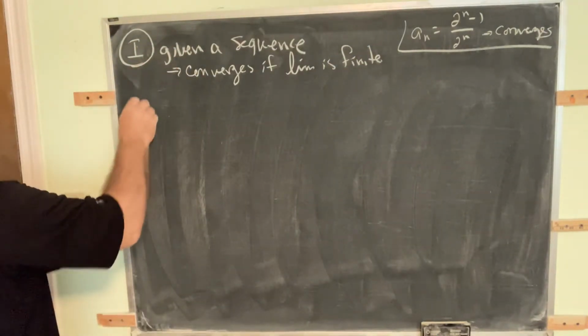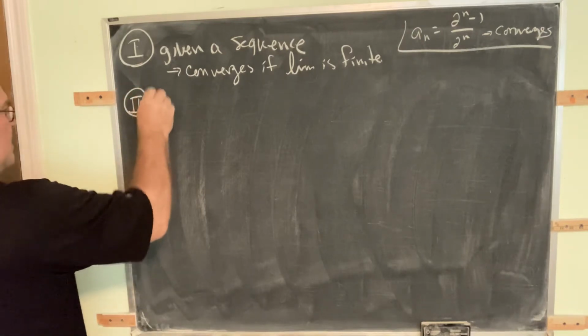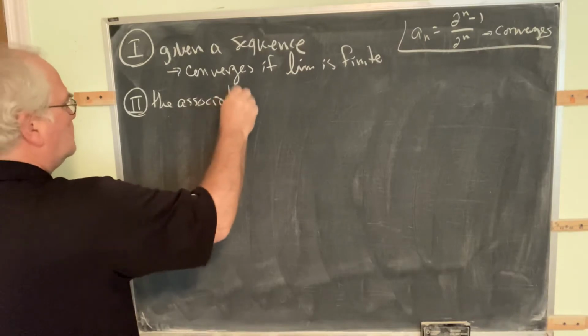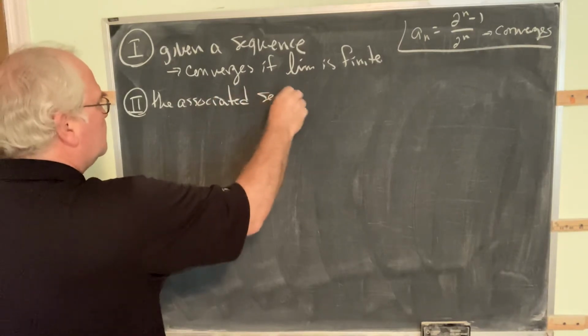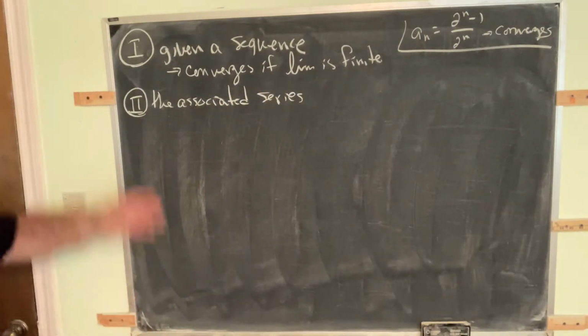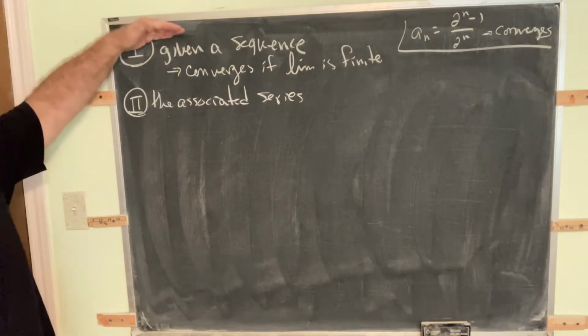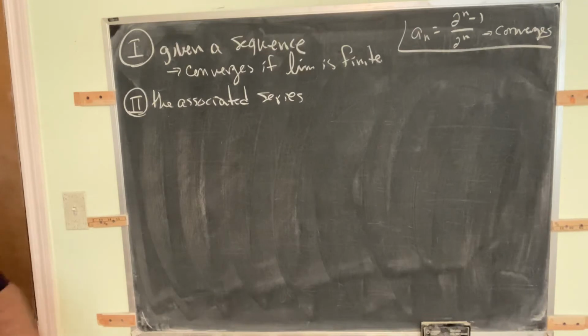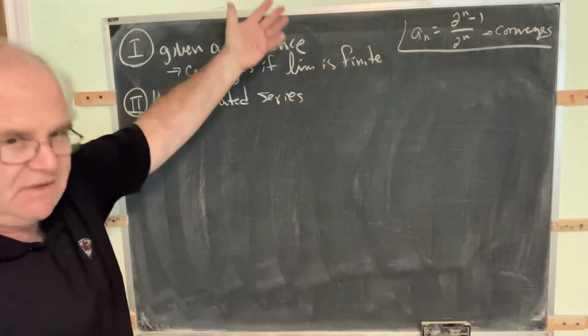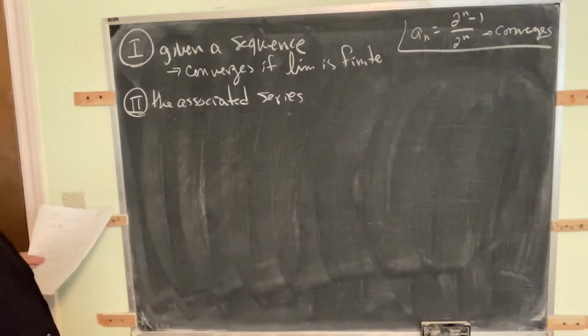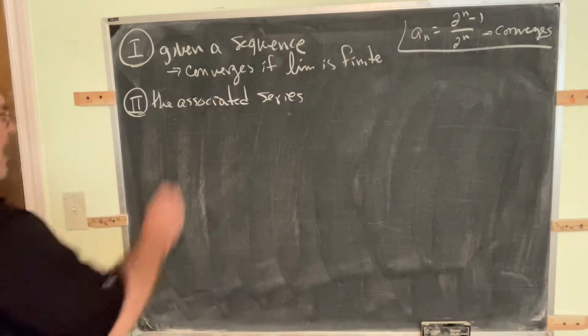From a sequence, we can form the associated series. Or vice versa. If you have a series given, you could backtrack to find the associated sequence, and that sequence would converge if the limit is finite. The associated series, we would say, converges.